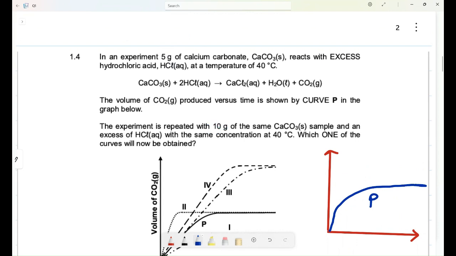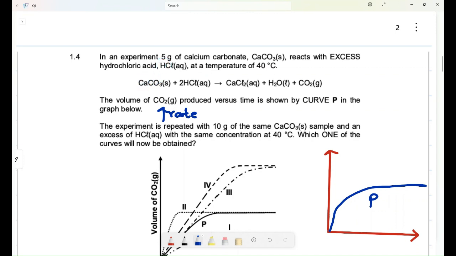10 grams. Now, if they use more reactant, we are expecting what? More carbon dioxide. It means they are increasing the rate, and at the same time they are increasing the amount of product. I repeat, the rate at which the reaction occurs will increase because now there are more reactants, and the HCl is already in excess, and now there is more carbon dioxide.